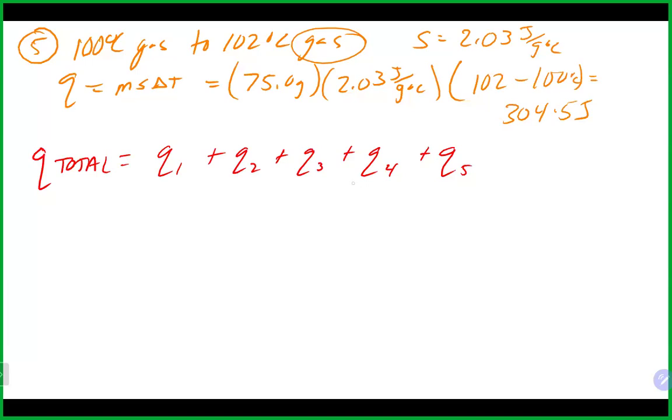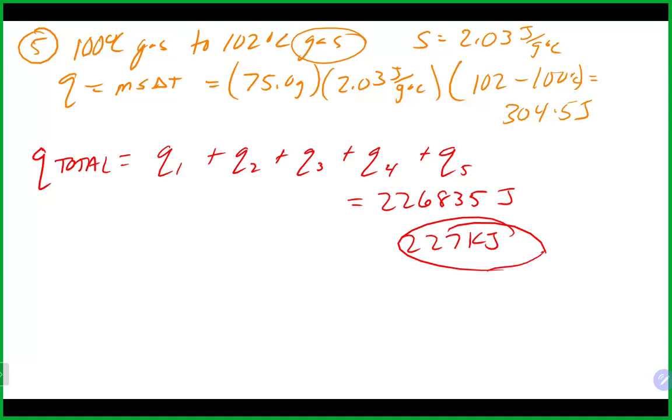That's going to give us something on the order of 22,685 joules. Or if we look at kilojoules, about 227 kilojoules of energy is needed to do that. Any questions on any of those steps there?